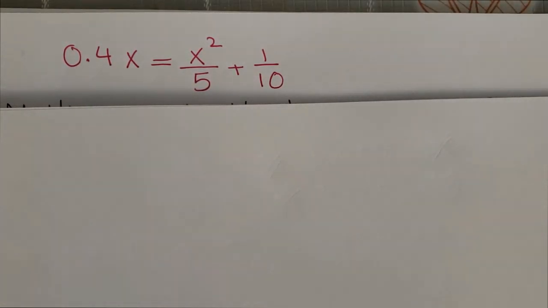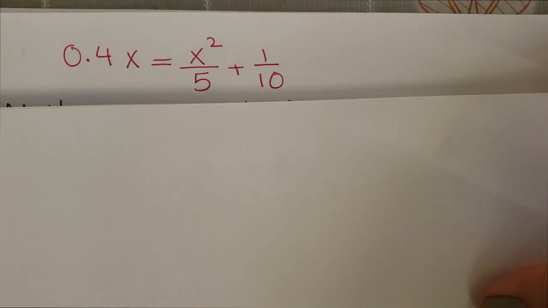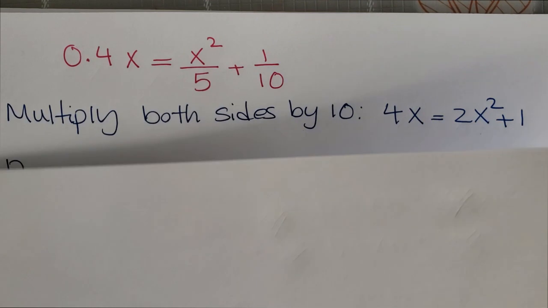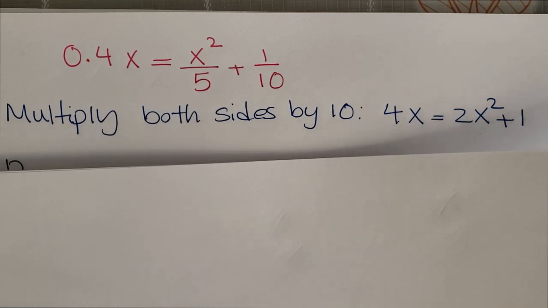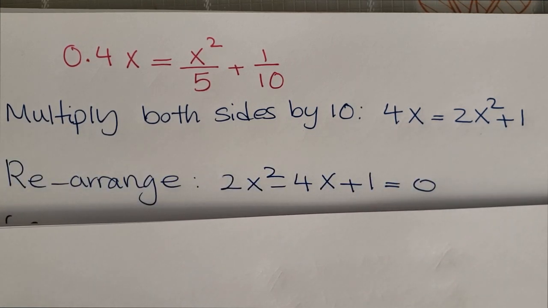Okay, another example. So again, try to pause the video, solve it, and then come back for the answers. First thing first, I will multiply both sides by 10 to get rid of the fractions. So it turns out to 4x equals 2x squared plus 1. Next, I will rearrange.